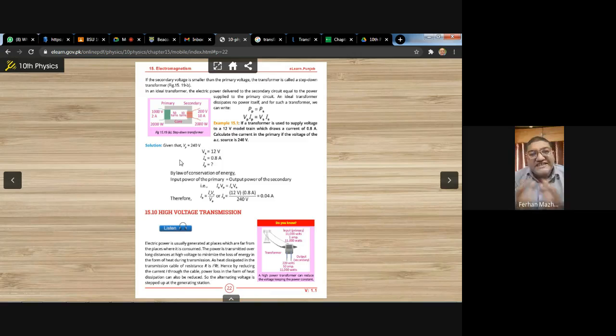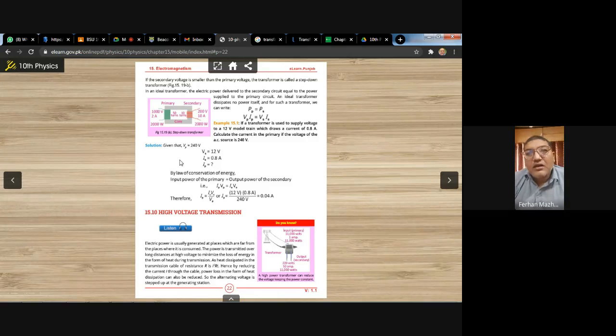In your copy, first of all, let us note down the data given to us. Voltage in the primary, Vp, is 240 volt. The voltage on the output side, provided to the train, Vs, is 12 volt. The current in the secondary is 0.8 amp.